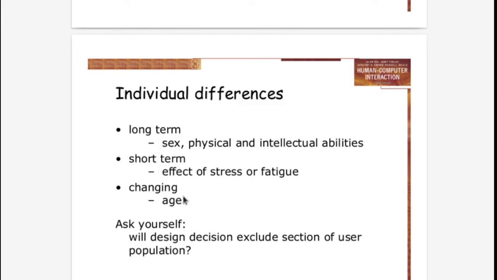These differences should be taken into account when we design, and it is useful to consider them for any design decision. So ask yourself: will this design decision exclude a section of the user population? For example, we should look to our target users.